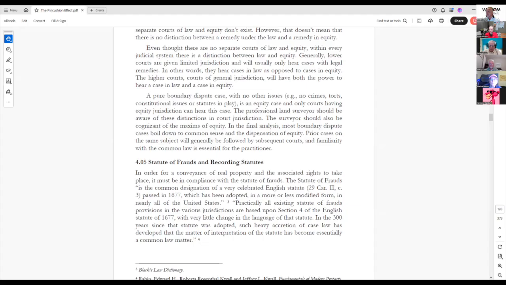If it's senior-junior rights, the senior right is going to argue for a law determination, and that's correct, because if he can prove by law that he owns the property, then he need not make any provision for the adjoiner to have any part of what he owns.